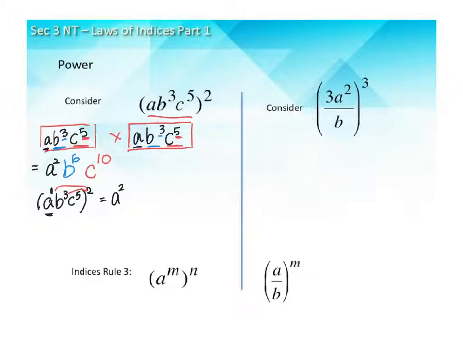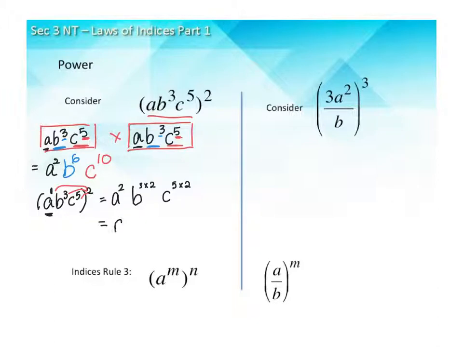Now this will become b to the power of 3 times 2, b to the power of 6. And I also need to apply the square to c. For the c, this will become c to the power of 5 times 2.